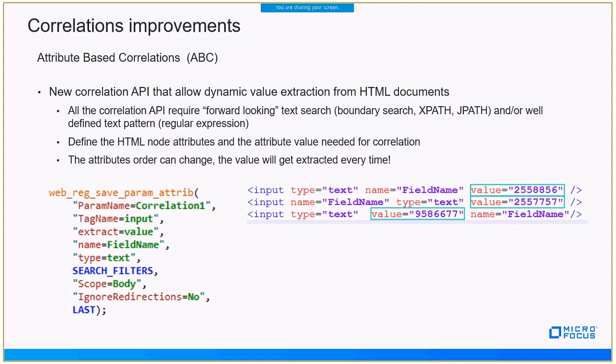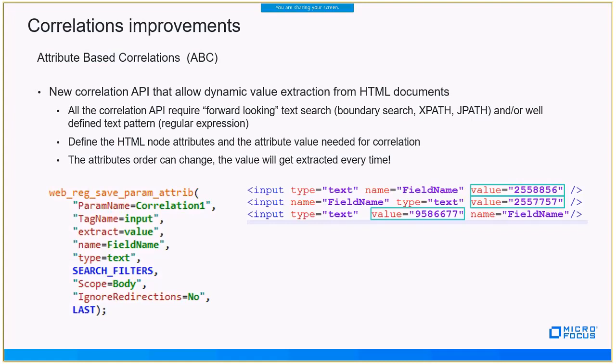Moving on to a brand new feature in the correlation mechanism, attribute-based correlation, also fondly known as ABC. As you know, when creating a correlation rule, you need to add exact delimiters to what you want to capture, be it in XPath or boundary-based or regular expression.